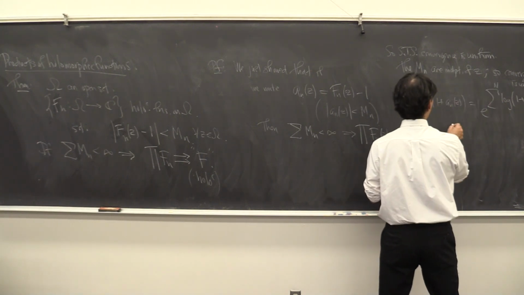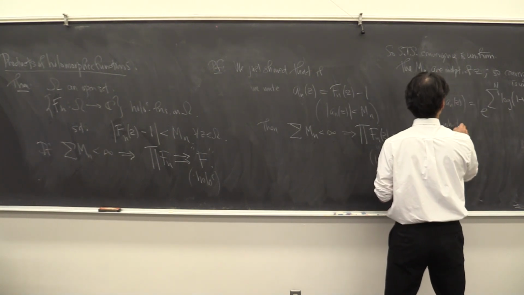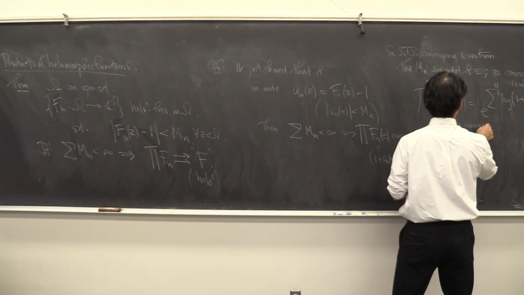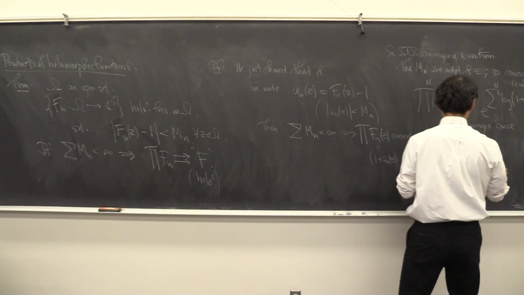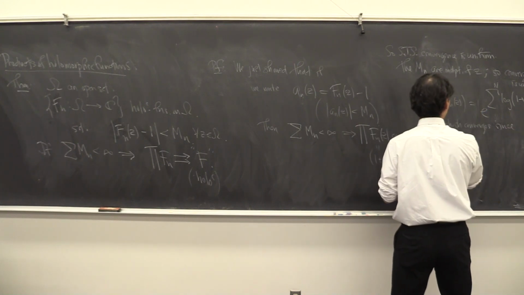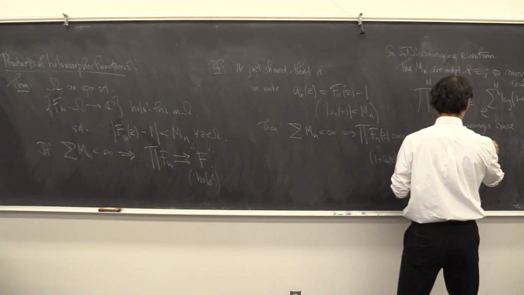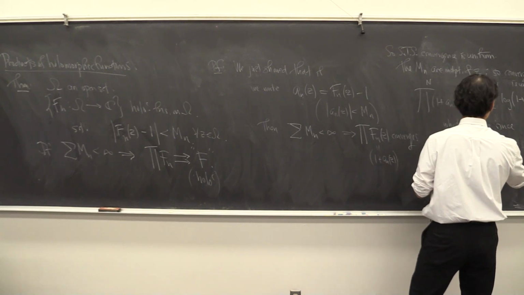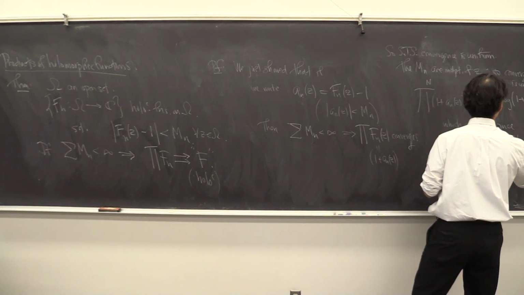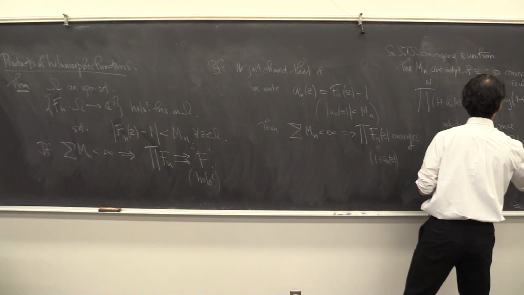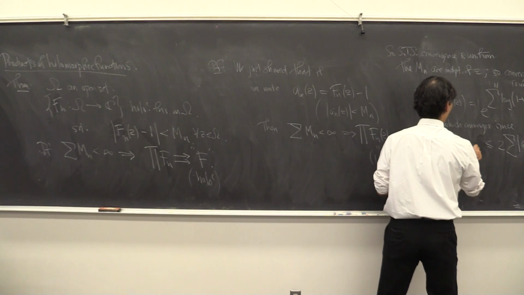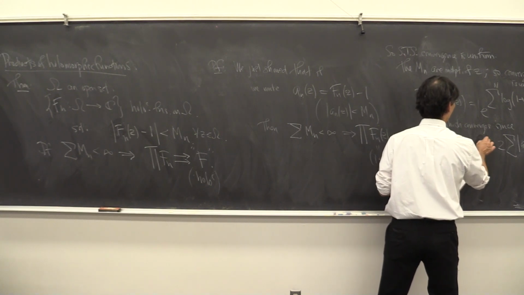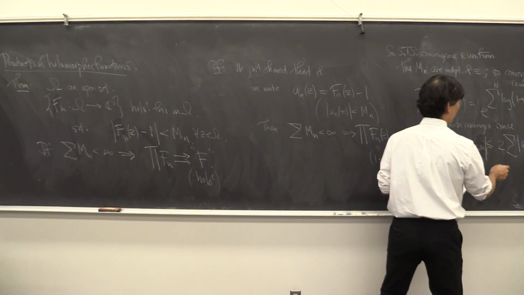And again, that converges since the summation of the absolute values is controlled by twice the summation of these terms, 1 plus a sub n of z.